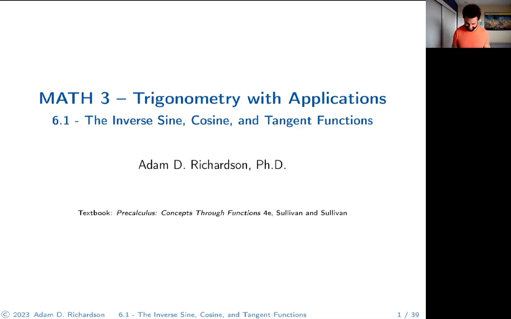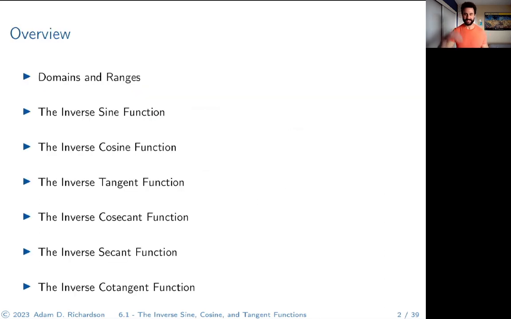First we need to talk about domains and ranges. Then we'll do the inverse sine function, cosine function, tangent function, cosecant function, secant function, and cotangent function. So the inverse of all of those things.